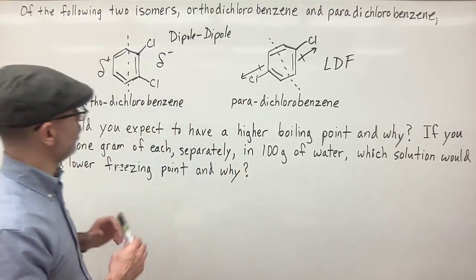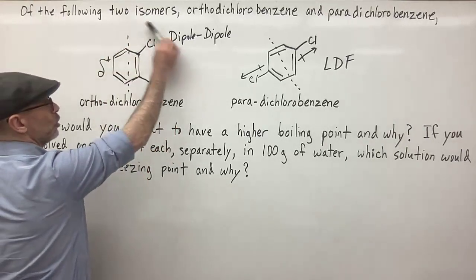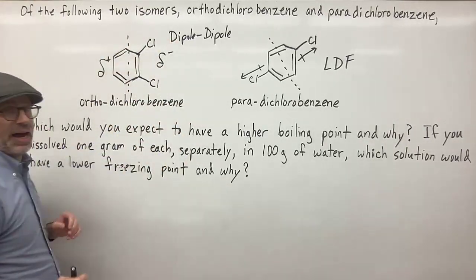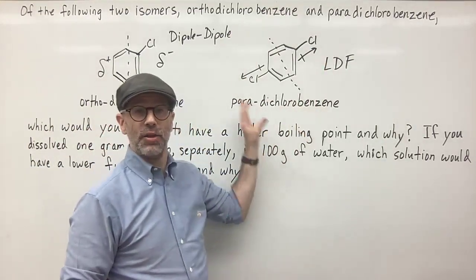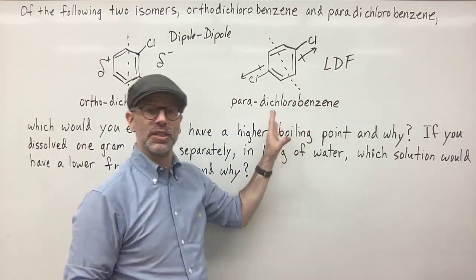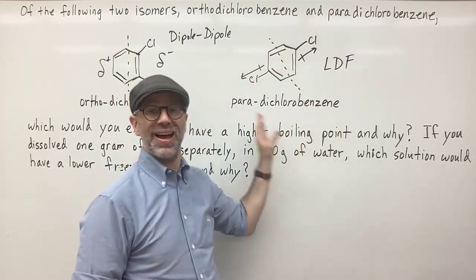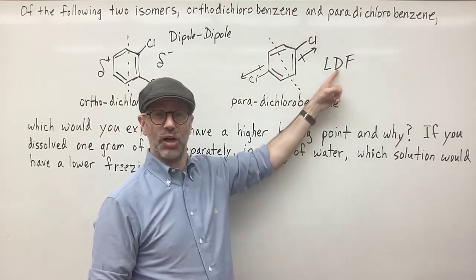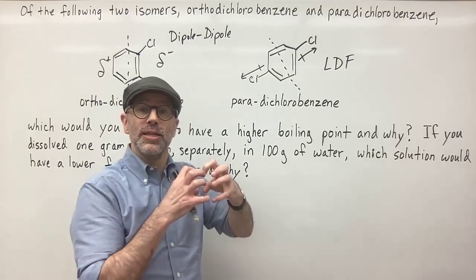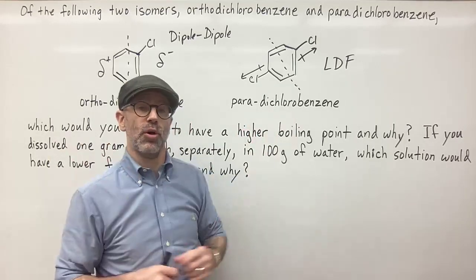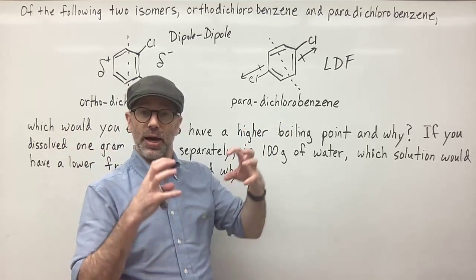So therefore, we would expect the polar isomer to have a higher boiling point compared to the other isomer, the para isomer, because the para isomer has weaker intermolecular forces, the LDF, and therefore you don't need as much energy to separate and overcome those LDF interactions.